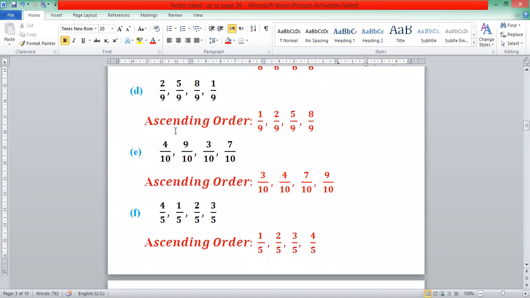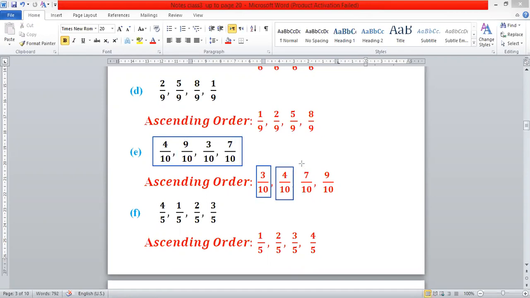Similarly, parts E and F. In part E, we have 4 over 10, 9 over 10, 3 over 10, 7 over 10. So starting from 3, then 4, then 7, then 9. Part F, 4 over 5, 1 over 5, 2 over 5, 3 over 5.